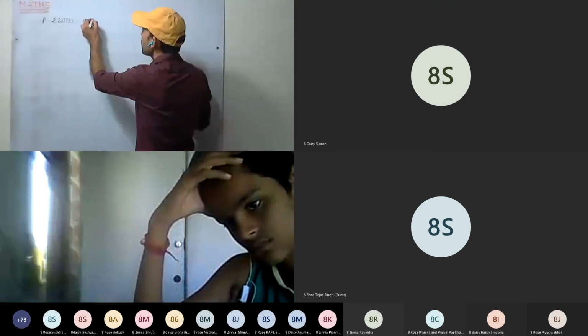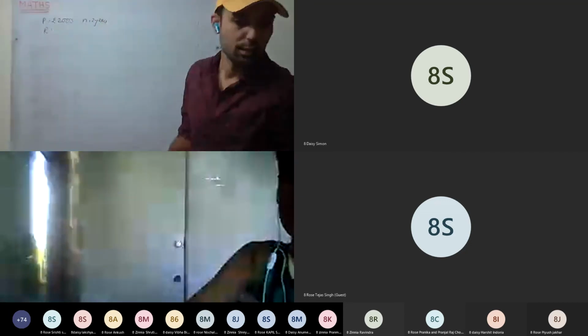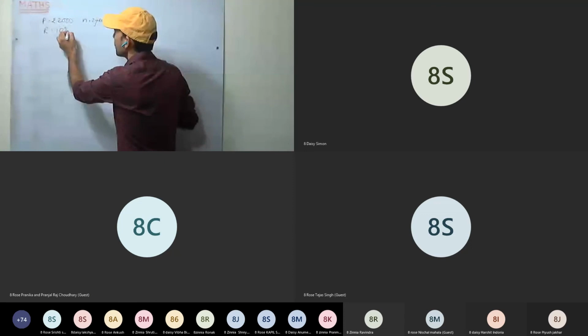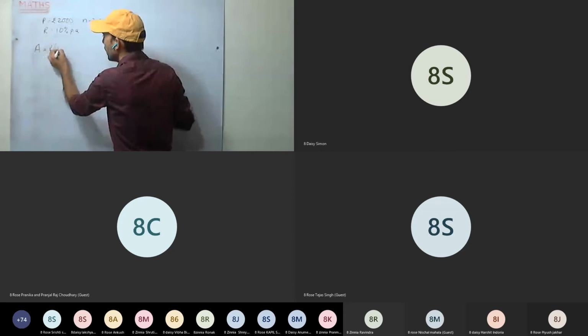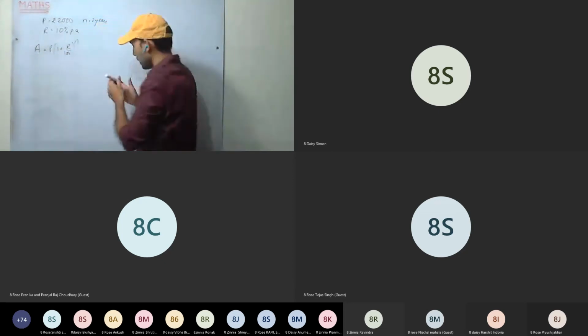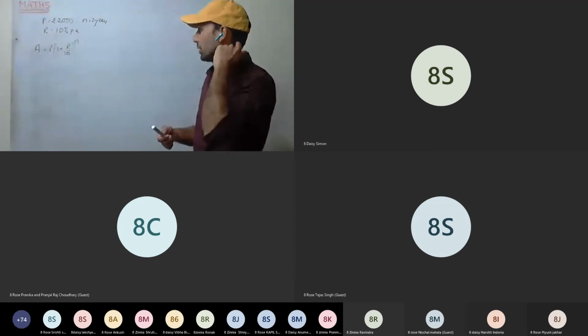N equal to 2 years. Rate equal to 10% per annum. Put the formula: amount equals P into 1 plus R upon 100 raised to power n.